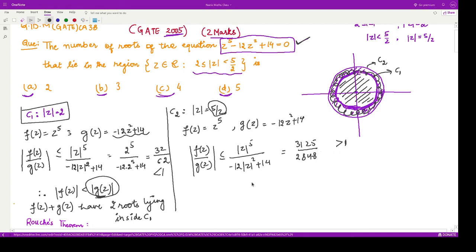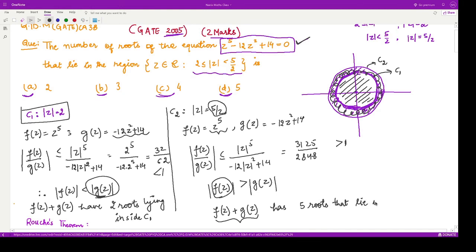Now if this is greater than 1, that means the modulus of f of z is greater than that of g of z. So again, by Rouche's theorem, the expression f of z plus g of z would have the same number of zeros as f of z. And what is the order of this polynomial? 5. So that means this particular polynomial also has 5 roots that lie inside C2.